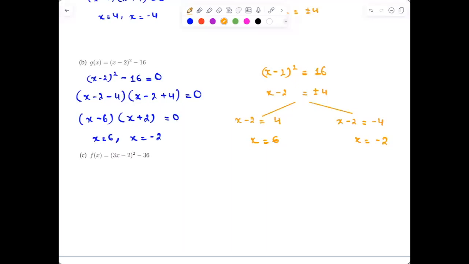Right, for C, you can use the difference of two squares to factor the expression.